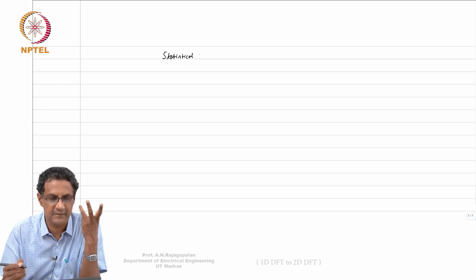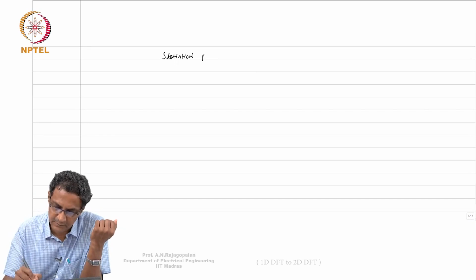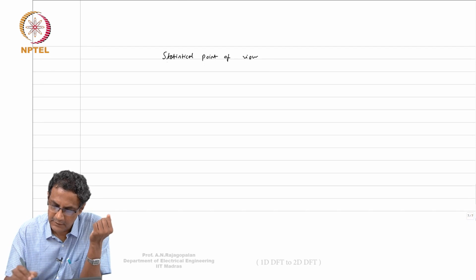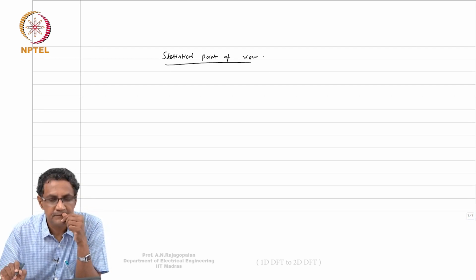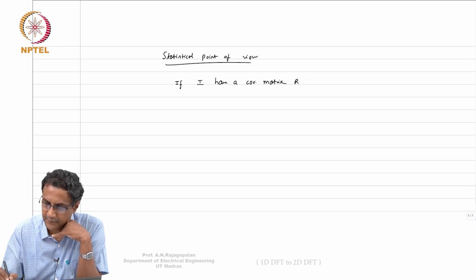Statistical in the sense of data, the covariance and so on. So from a statistical point of view, it is actually interesting if I have a covariance matrix R which is circulant.